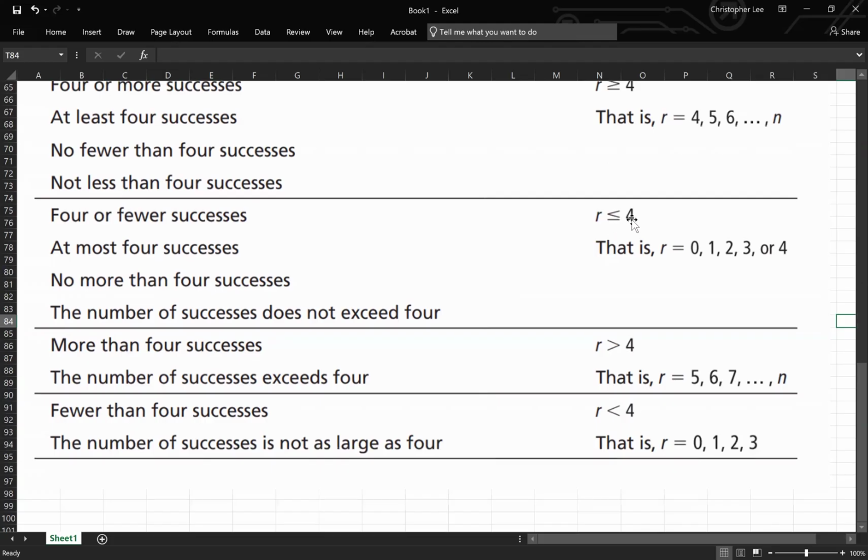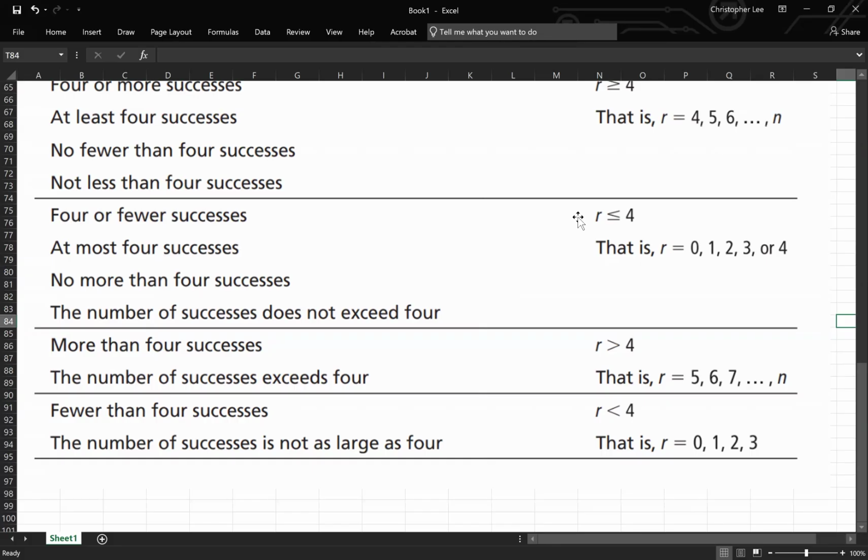Let's look at R less than or equal to 4. Some ways that could be worded: 4 or fewer successes, at most 4 successes, no more than 4 successes, or the number of successes does not exceed 4. These are some other ways that the question could be worded, to let you know that you're doing 4 and less.